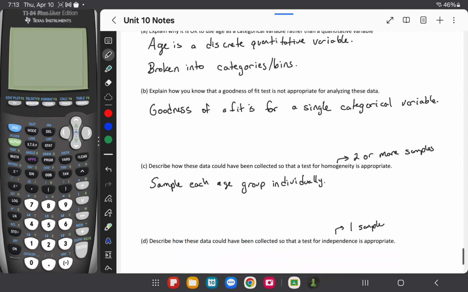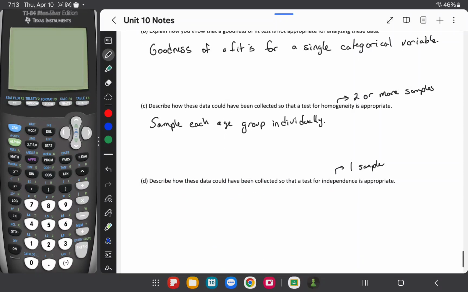So how is that different from a chi-square test for independence? Well, for independence, it would have to be a single age group. You would have to sample everybody at once and then divide into categories.